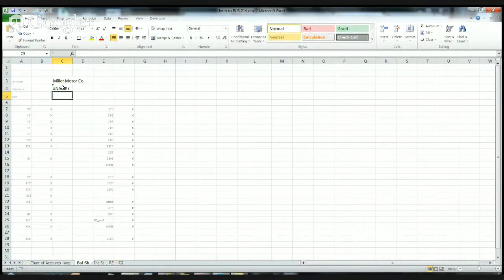Hopefully I will. There we go. And a date. Now the balance sheet is as of a date and time. So that's the company. Financial statements all have to have a heading.